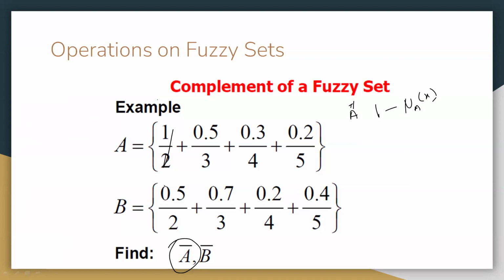This will be gone. Then 0.5, so 1 minus 0.5, the remaining is 0.5. 1 minus 0.3, 1 minus 0.2 and so on. So this way we just do 1 minus the existing value, and when it becomes 0, that means there is no more association.